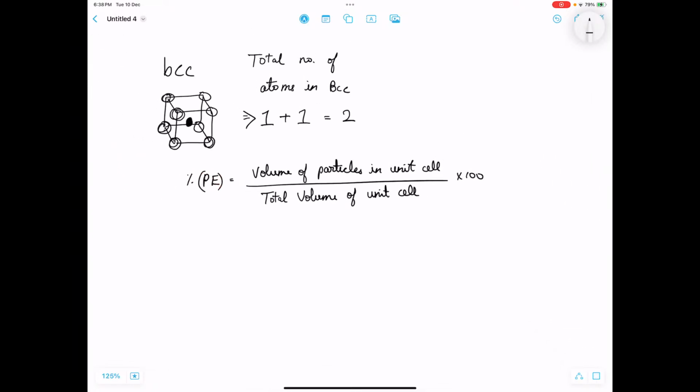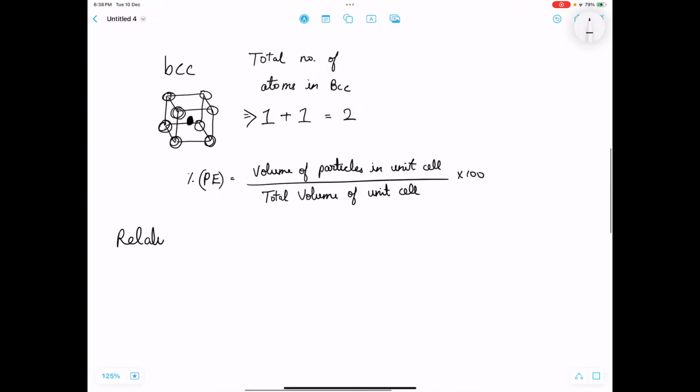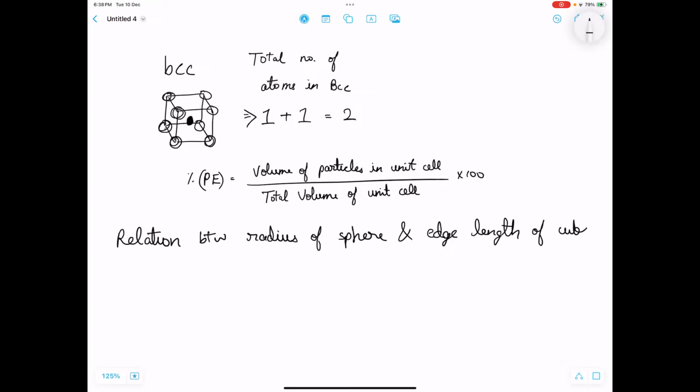Okay, so now we will calculate the relation between radius of sphere and edge length of cube.